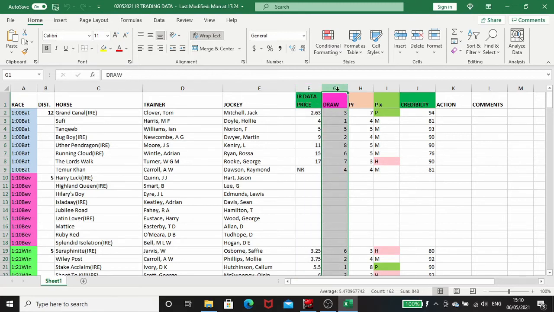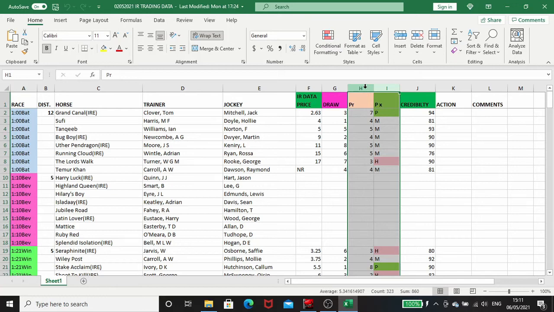You've obviously got the draw, so what stall they're going to be in, and then the pace rating and pace expectancy. These give you an expected position in the race based on thousands of model races. When considering a trade where you allow the market to turn in play, it is essential you have confidence in how the race will be run.